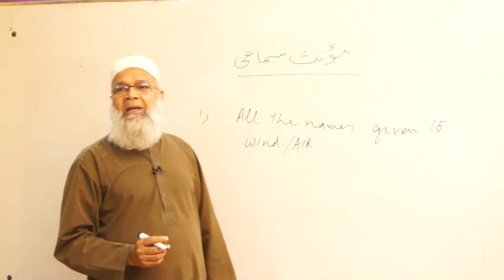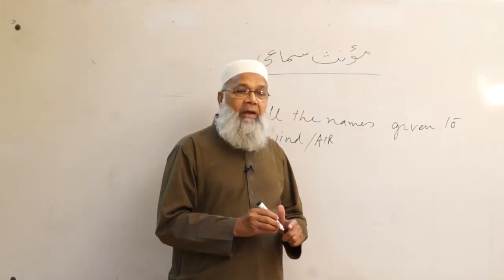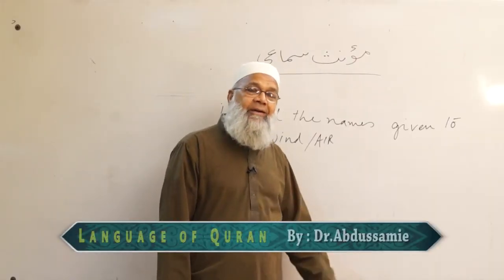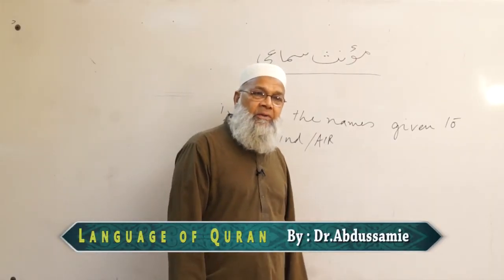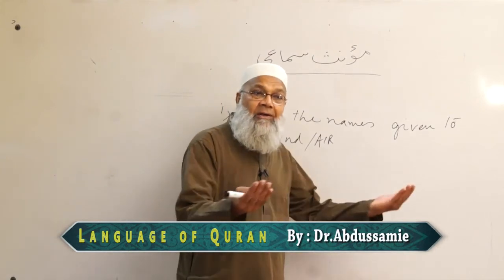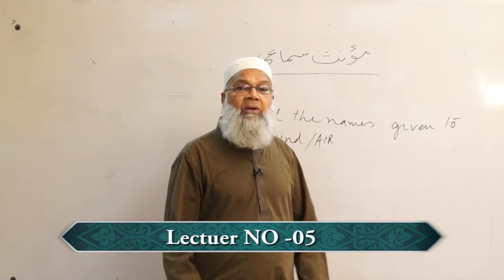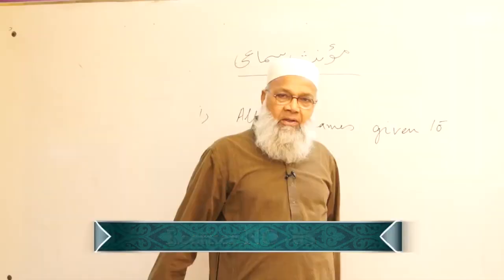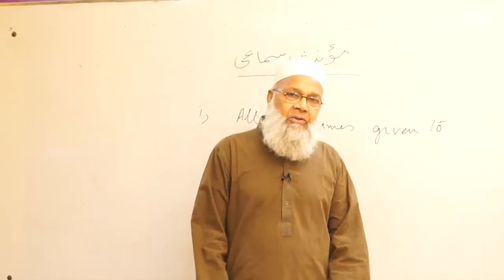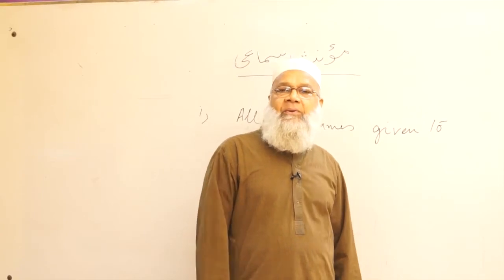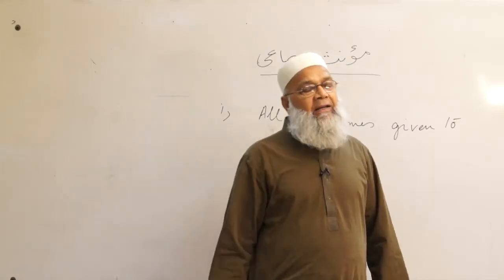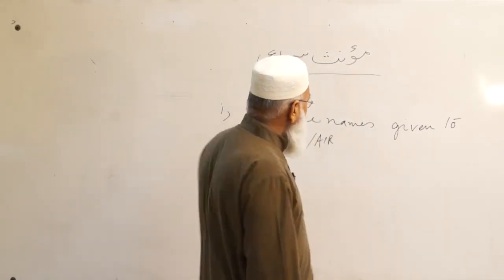The example in English is air, wind, tornado, hurricane. These are all in fact winds, but there are different names given to different types of wind. So in Arabic also, there are different names given to different winds, and they are all treated as feminine.